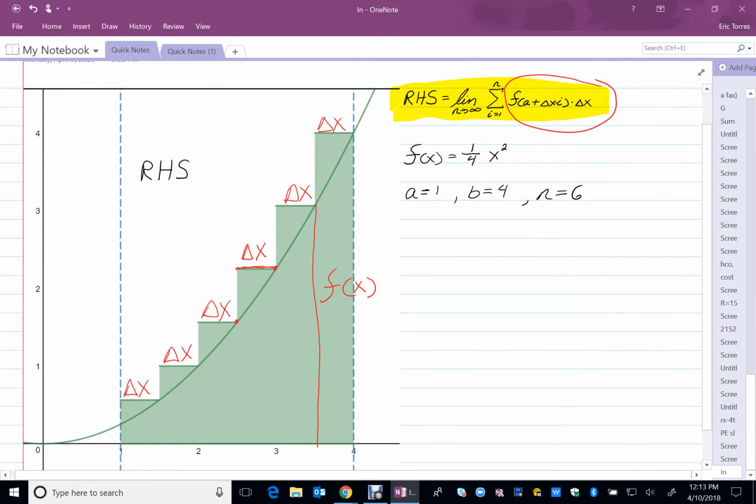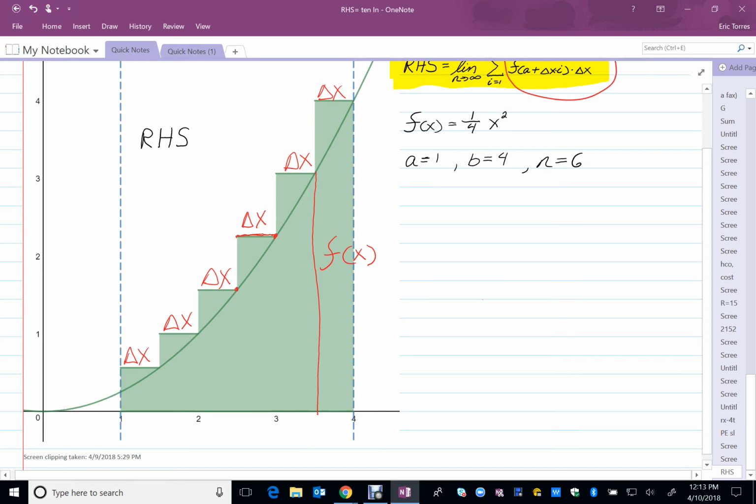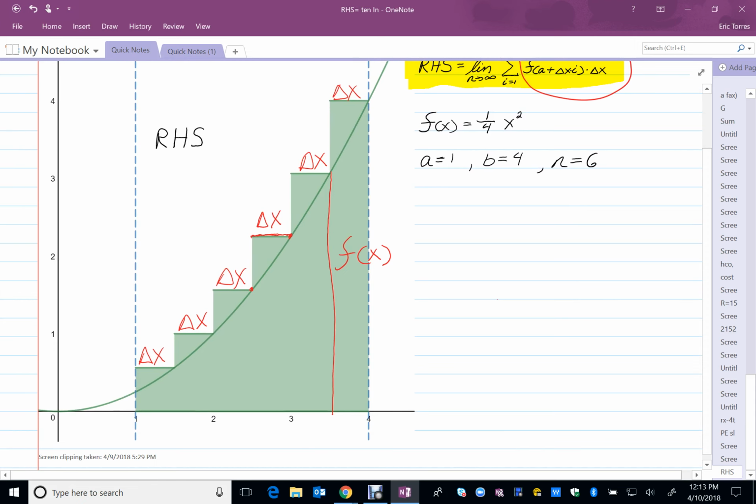And the question is, what y value do we start with? Well, okay, let's talk about the very first rectangle. Notice this is my value, a. So the height of the rectangle, however, is not f of 1.